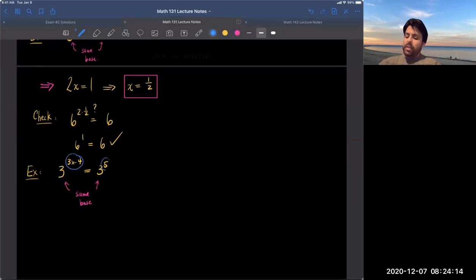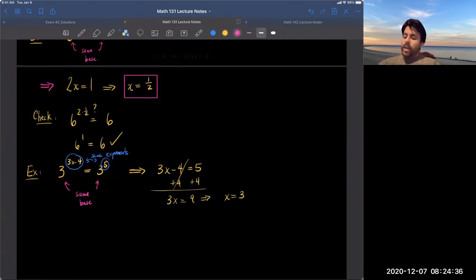And this is an equal sign, so this must mean that these are the same exponents. So then we got 3x minus 4 equals 5. We add 4, we add 4. 3x equals 9, so this means that x equals 3. Done. I solved my equation.